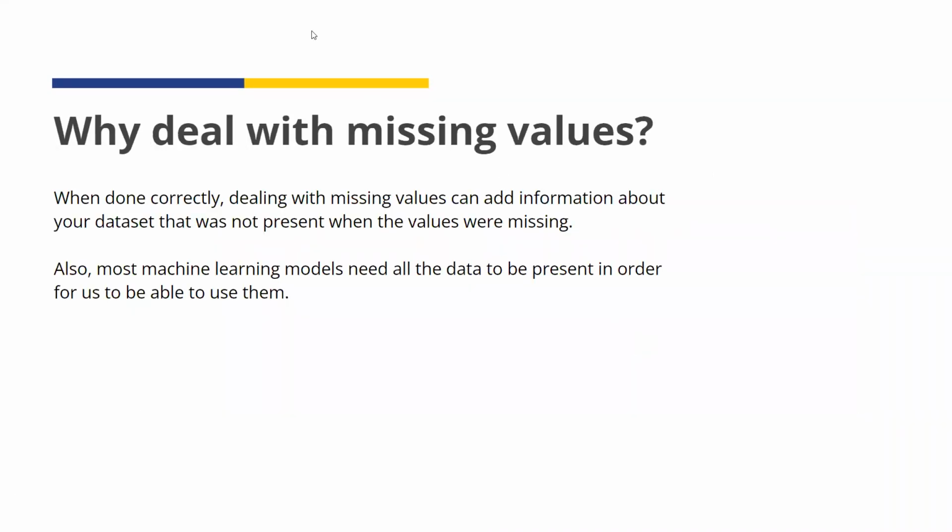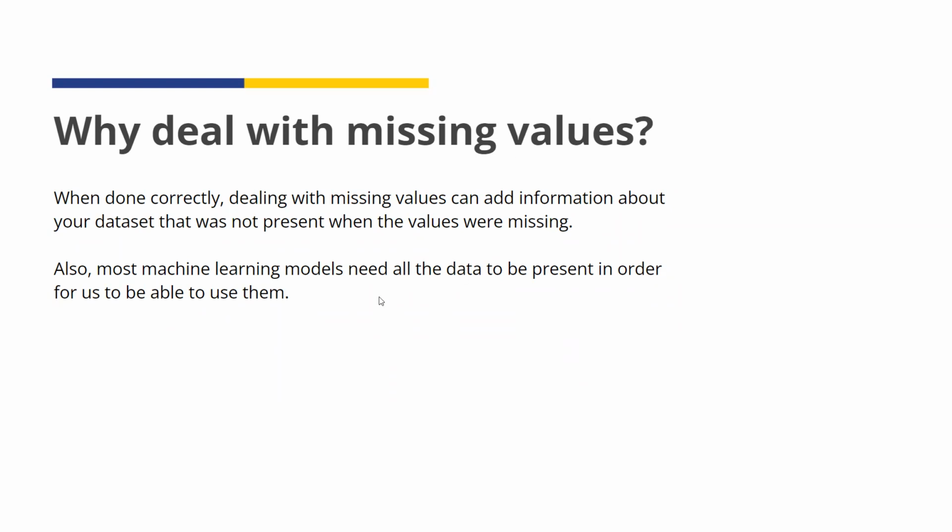The next question we kind of have to ask ourselves is, why not just have our data set stay as it is? Why do we even have to change anything about it at all? The thing with that is that a lot of machine learning models can't really work with data that doesn't include all of the values.